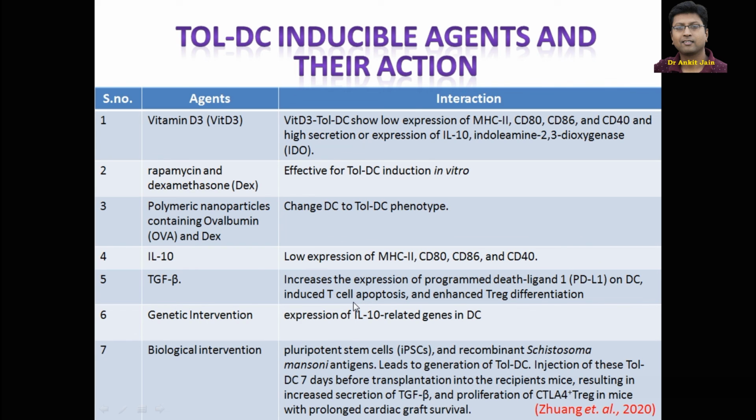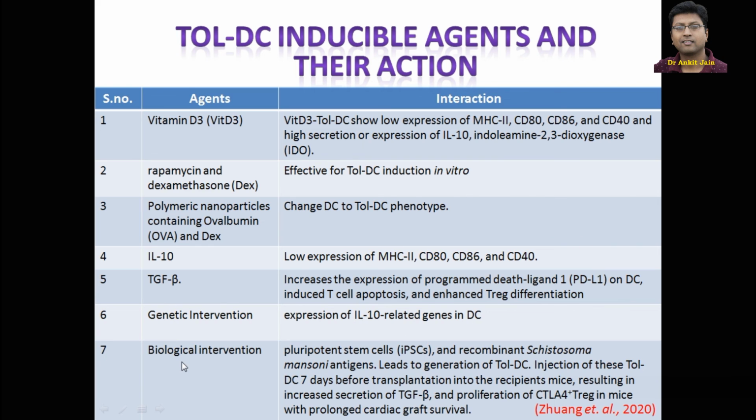Induced T cells will be reduced, and there is apoptosis of the cells, and it enhances T regulatory differentiation. Now, what will the genetic intervention do? The genetic intervention leads to expression of interleukin 10 related genes in the DC. So we inject the interleukin 10 related genes inside the cell, and it will be expressed in the DC.